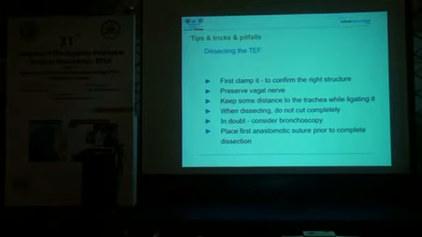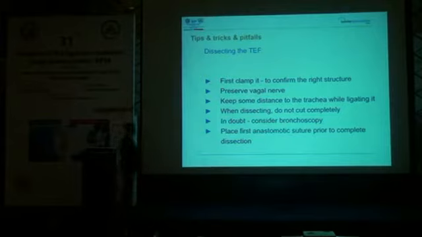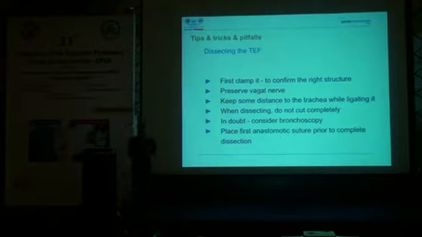There are some tricks and pitfalls. I would recommend, especially when you begin this technique, to clamp it to confirm the right structure when you identify the fistula, and to always try to preserve the vagal nerve. Keep some distance to the trachea, and while ligating it, you don't want to compromise the trachea. And when dissecting, do not cut completely. It will go down all the way, and you may have trouble finding it again to do the anastomosis.